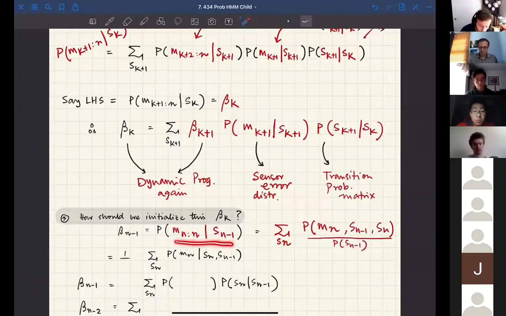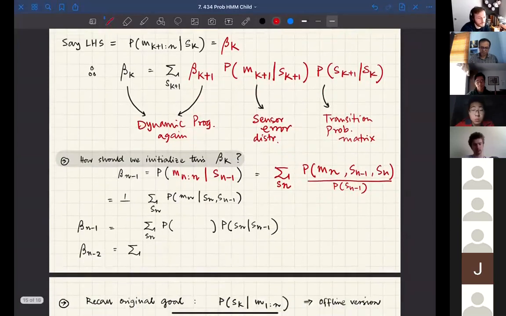Again, P of A given B is P of AB divided by P of B. Very good. So now I take P of sn minus 1 out because this sum is over sn. And this becomes P of mn given sn minus 1 times what?